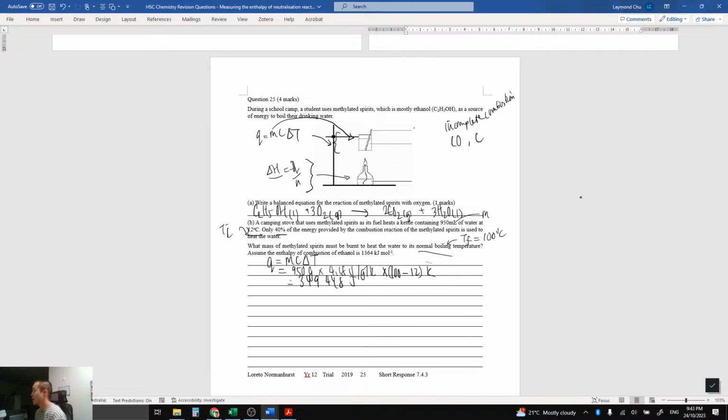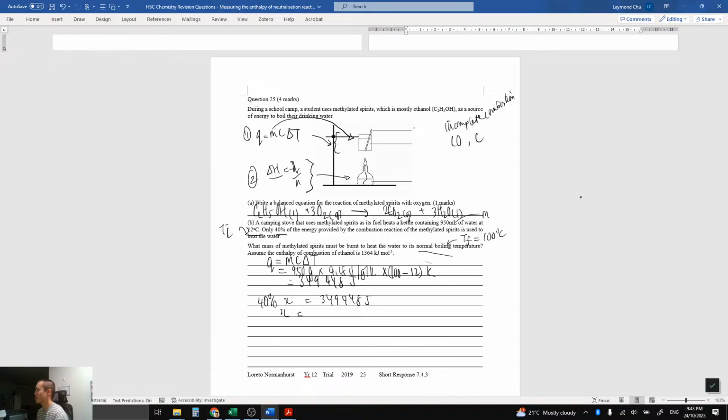But before we move on to our next equation, number 2 here, we need to account for the 40% of energy that's contributed to this. So what this is saying is 40% of the total energy, let's say X, is equal to 349,448 joules.